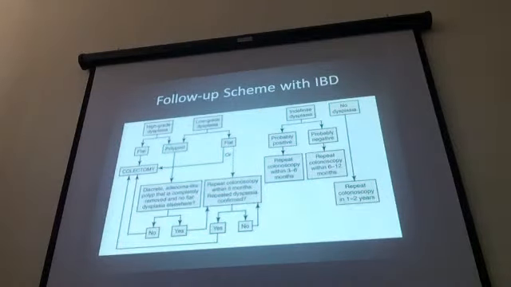So here's kind of a graphic of the follow-up. No dysplasia, then they get rebiopsied in 2 years. Indefinite, probably negative, probably positive. Well, we repeat it sooner than that. And then low grade versus high grade, flat versus polypoid. Again, decision trees there.